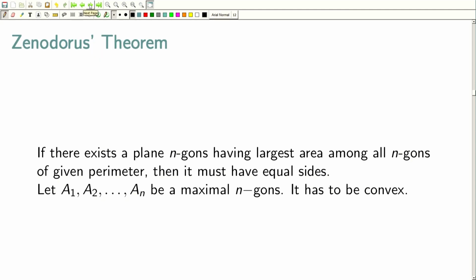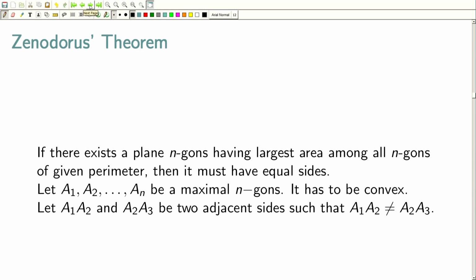Let A1, A2, ..., An be a maximal n-gon; then it has to be convex. Suppose this is an n-gon that is not convex, and I reflect this part along this line. Then the perimeter is the same, but the area has increased. Hence, it has to be a convex region.